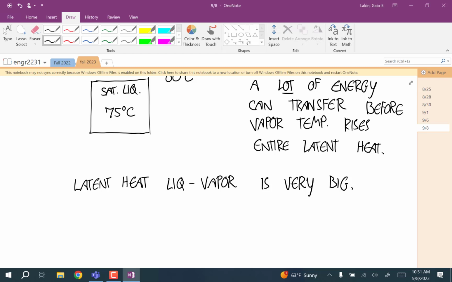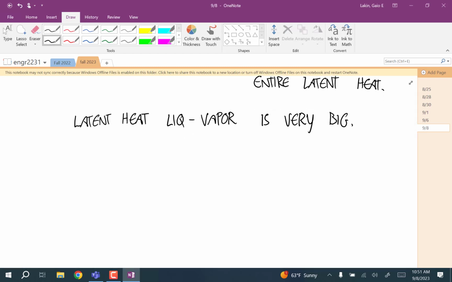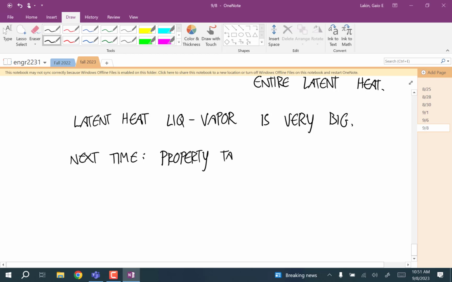Well, what we're going to get into next time is property tables. And with property tables, you don't really use physical tables anymore. You use programs, but we don't have those programs, so we're going to use these tables. It's not a big deal.